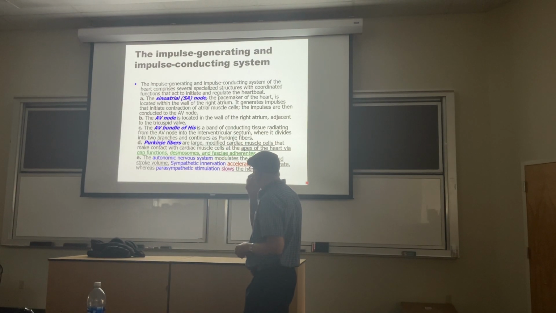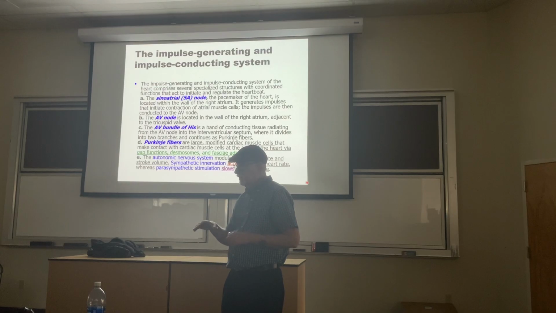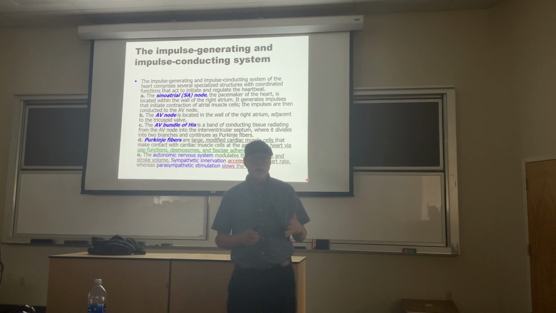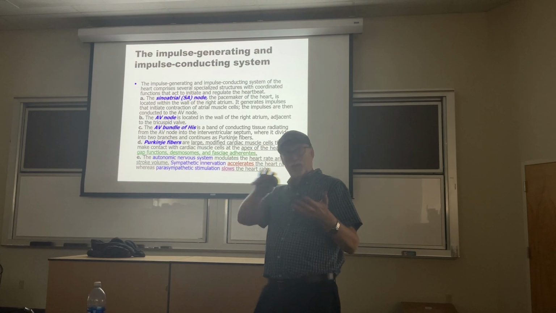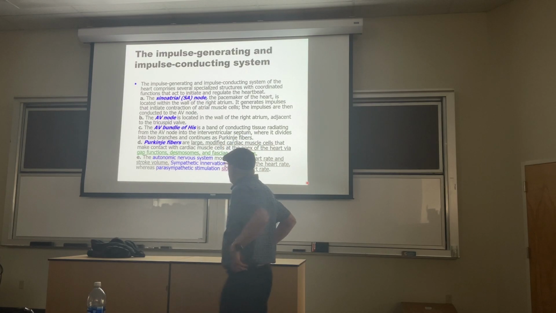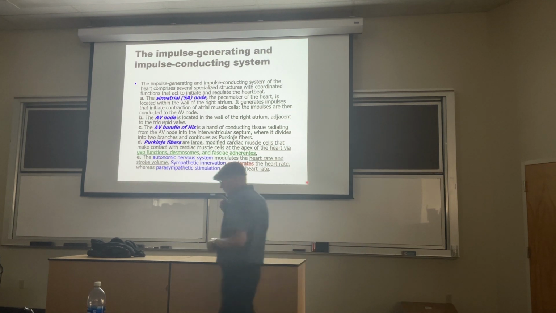And so the depolarization wave can spread from one heart muscle cell to the next through gap junctions that are part of the intercalated disc. And so you can have this wave. This is also going to be aided by the bundle of His, or the bundle branches, and the Purkinje fibers.